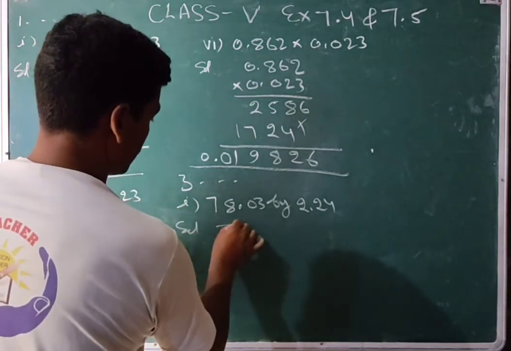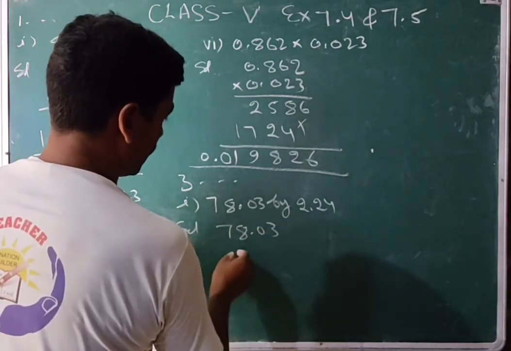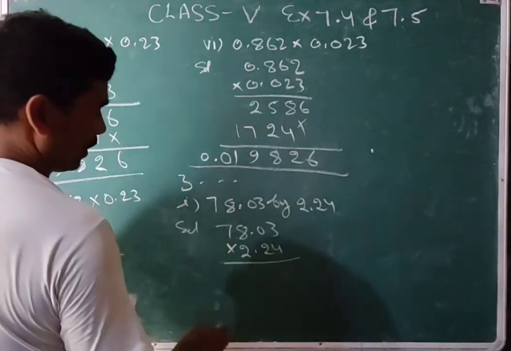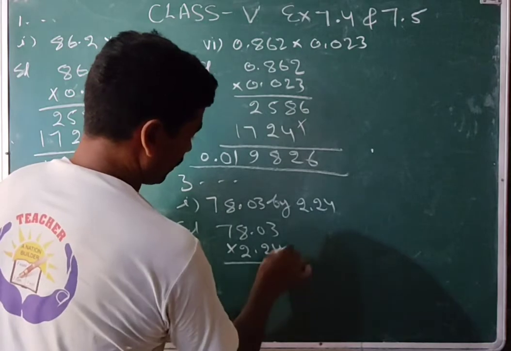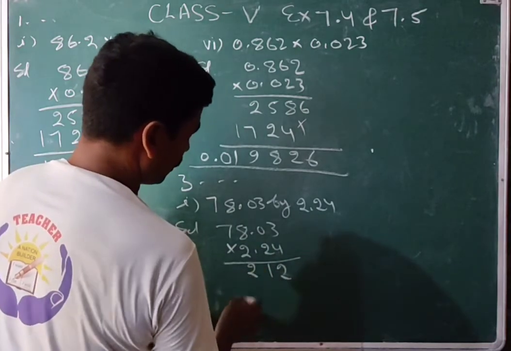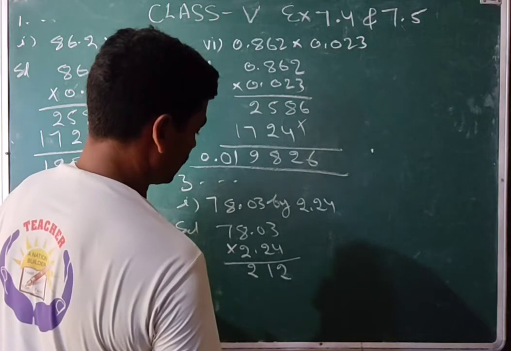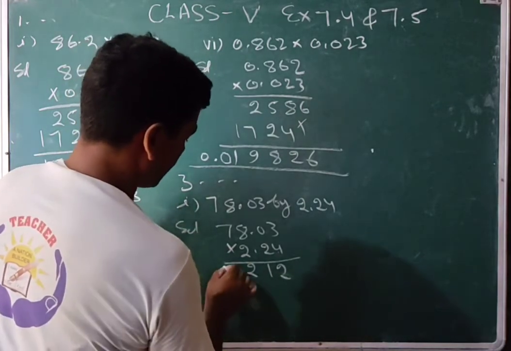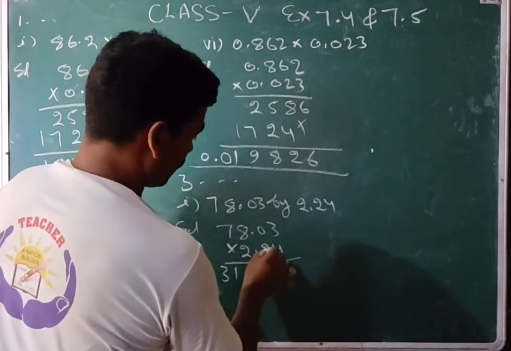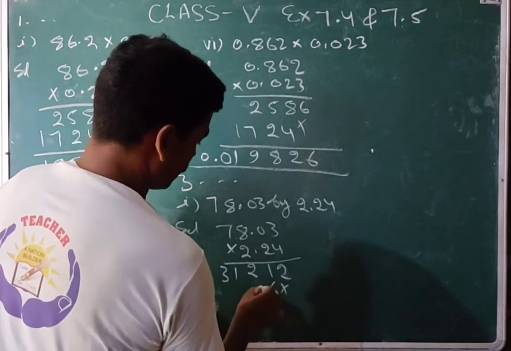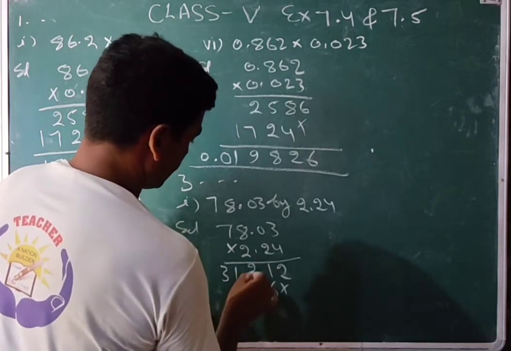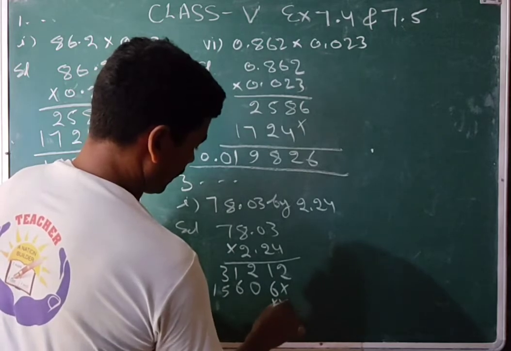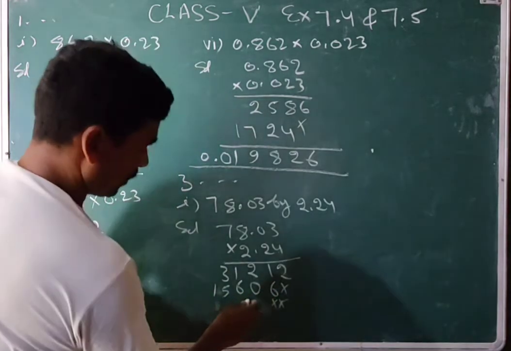So solution: 78.03 multiply 2.24 and then 4 3s are 12, 4 8s are 32, 4 8s are 32, 4 7s are 28, 3 31, 2 3s are 6, 2 0s are 0, 2 8s are 16, 2 7s are 14, 1 15.